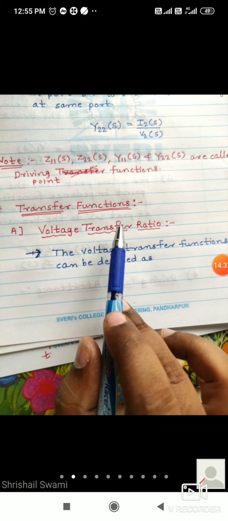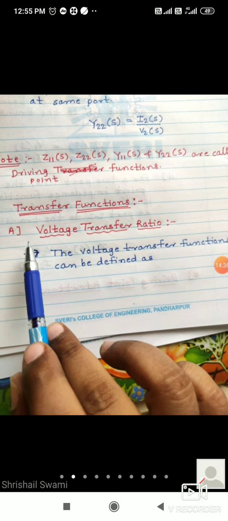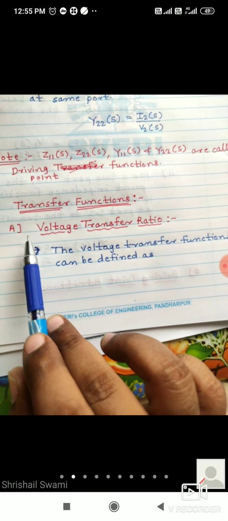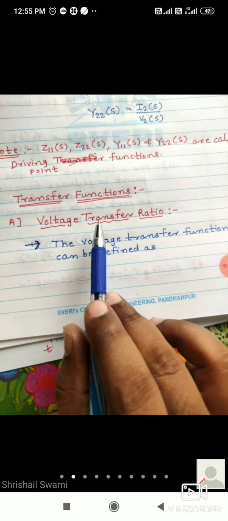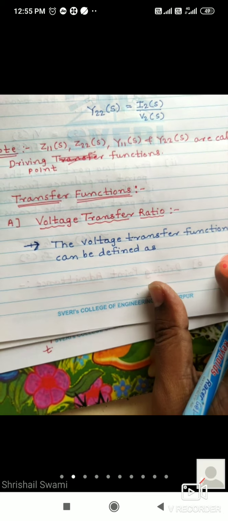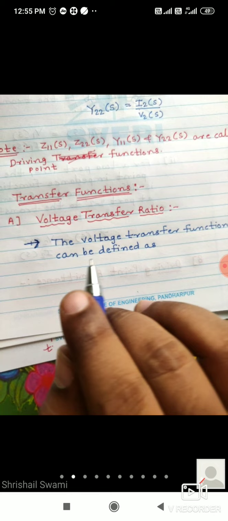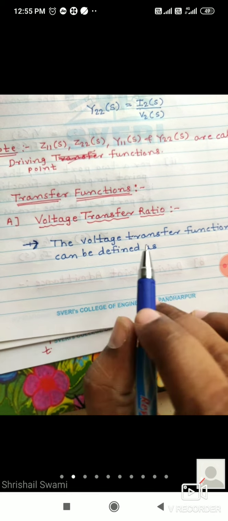Okay. Now next will be the transfer function. In that there are the 4 types. So first we will start with A point, that is voltage transfer ratio. That is nothing but voltage gain, either V1 upon V2 or V2 upon V1. So we will write the combined definition.